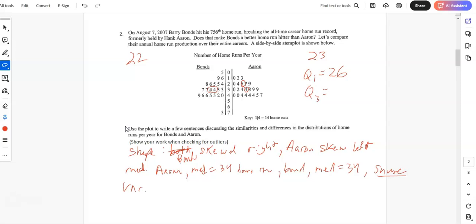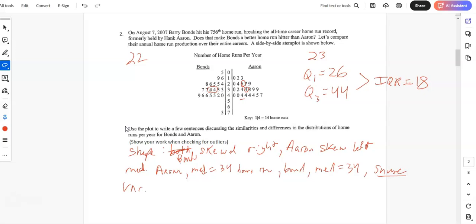Q3, going from the top, 1, 2, 3, 4, 5, 6. So I think 44 would be Q3. So IQR, 44 minus 26, or 18.